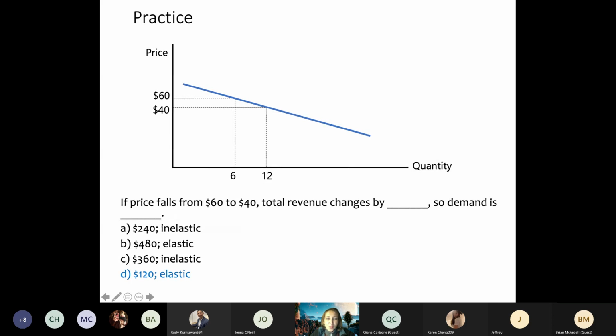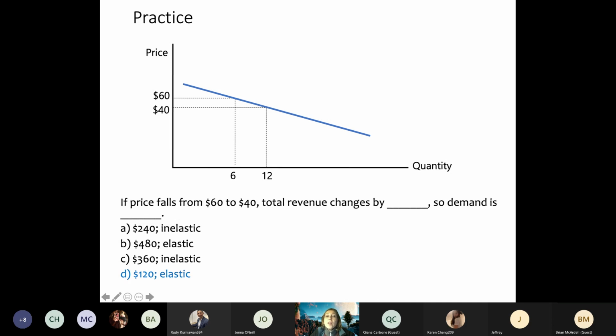Okay, I think that's another example. We're not going to completely do it. We'll still read it. It's similar to our questions. If price falls from 60 to 40, total revenue changes by, you would just compute total revenue changes, right? So total revenue of 60 times 6 would be, for the first point, 360 in this case.